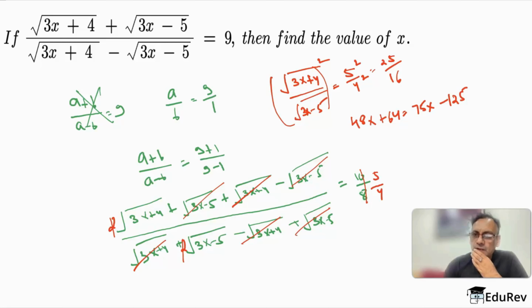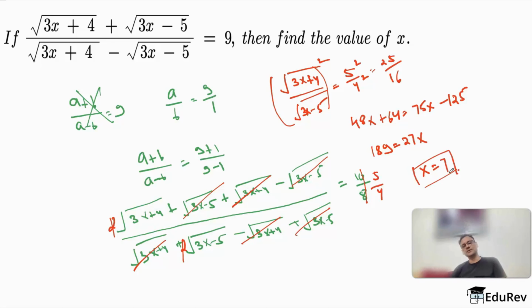So if I take 125 to the left hand side, 189 is equal to 75x minus 48x. How much do I get? 27x. So x is equal to 7.